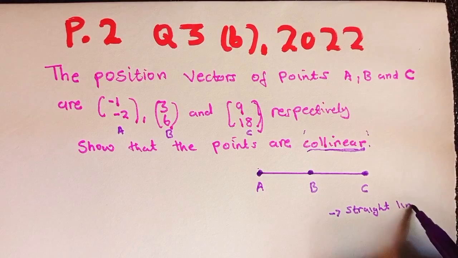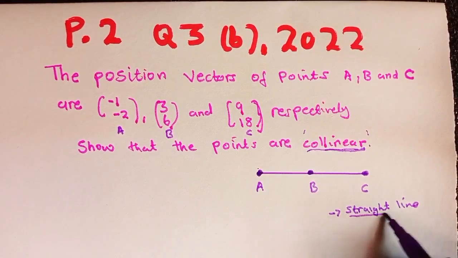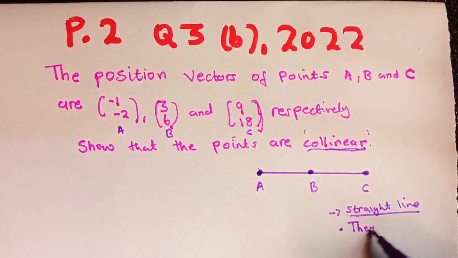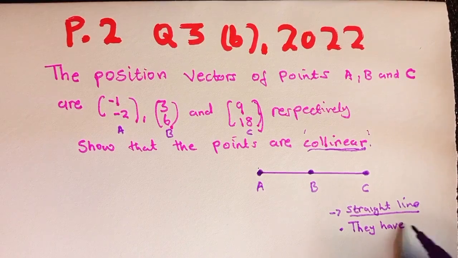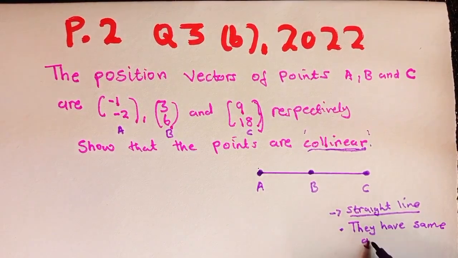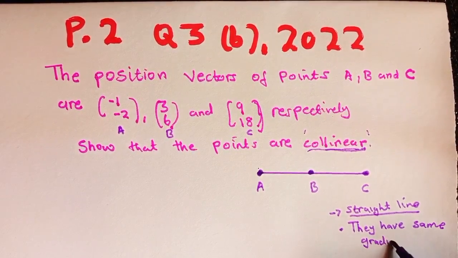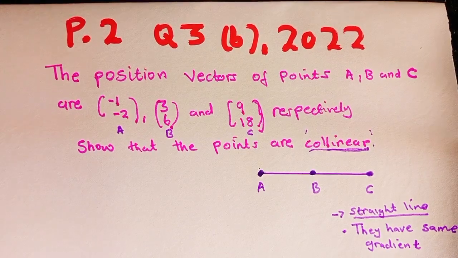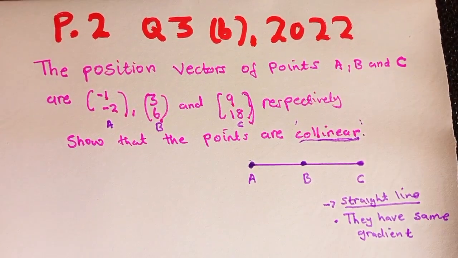For points that are in a straight line, we are going to write they have the same gradient. They have basically the same gradient as long as they're in the same line.